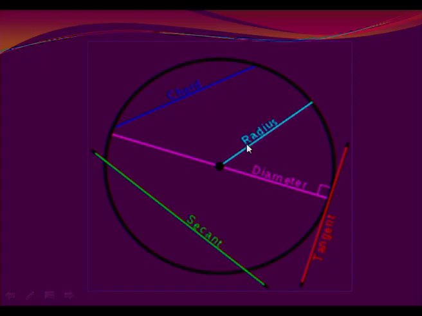So, the pink one is a diameter, and this is a secant, a line which is passing through, and this is a chord. Here you see one more line, a line which is passing through a point on the circle, touching the circle at a particular point, that is called a tangent to a circle.